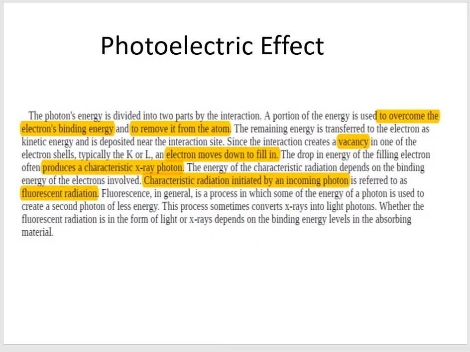So when photons interact with human tissue, depending on the K binding energy and L binding energy of human tissue, fluorescent X-rays or characteristic X-rays will be produced within human tissue.